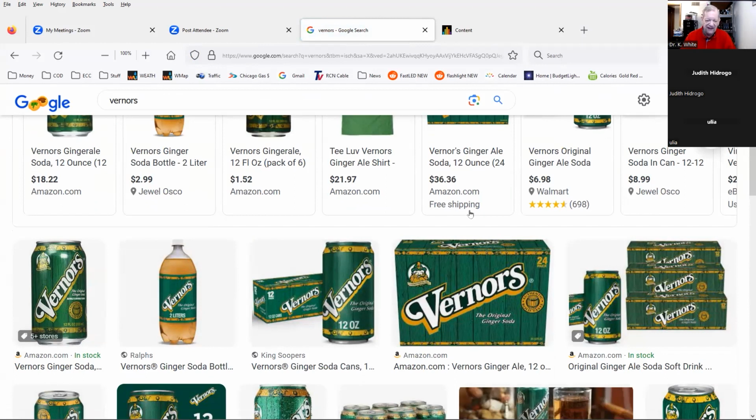I love it. I have a couple of these cases right here in my home right now. And I really like it. I also love Dr. Pepper. I have some of that in my house. I also like cream soda, but I like these better. And the best place to buy Werner's, at least in my neighborhood, and I think most of them, is at a Jewel. Not that I get any kickbacks from Jewel, but you can always find Werner's there.